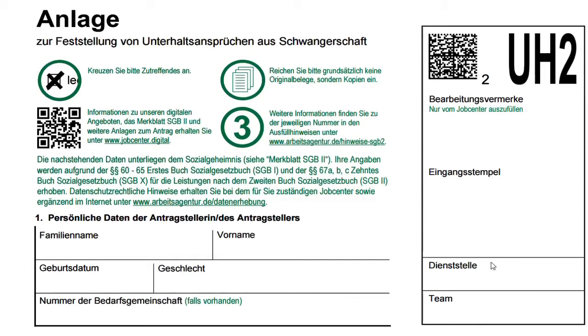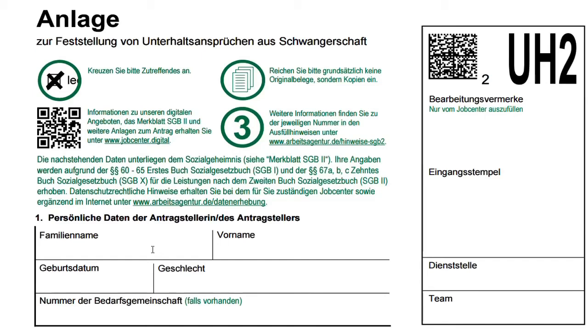The first part of this form is about the personal information of the applicant, and the applicant can be the person representing this pregnant woman or the pregnant woman herself.